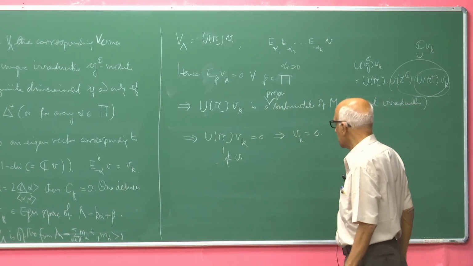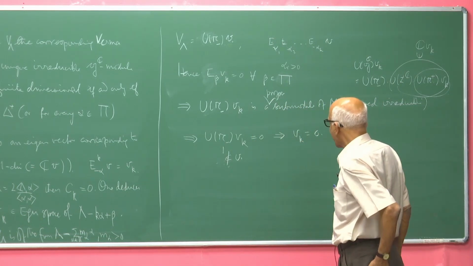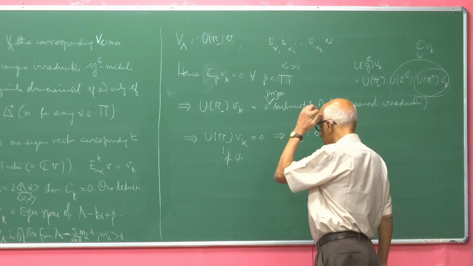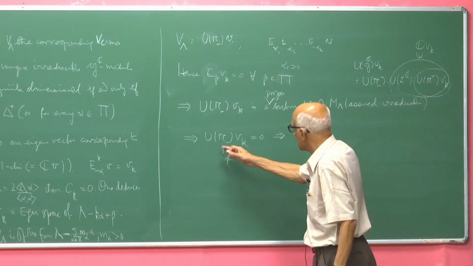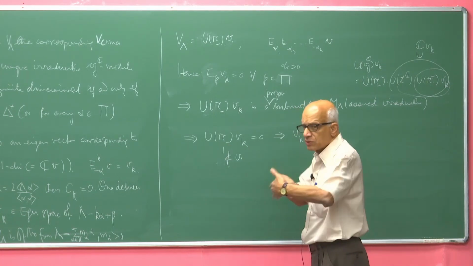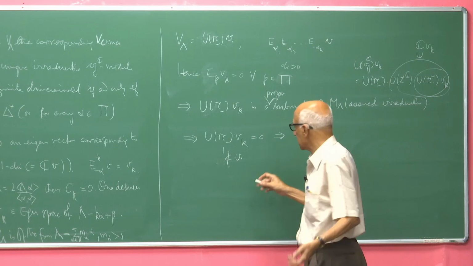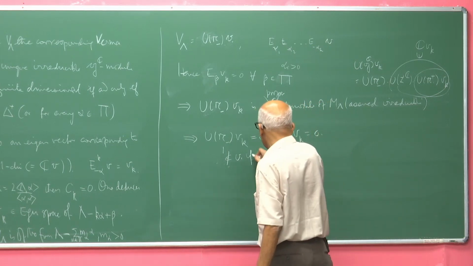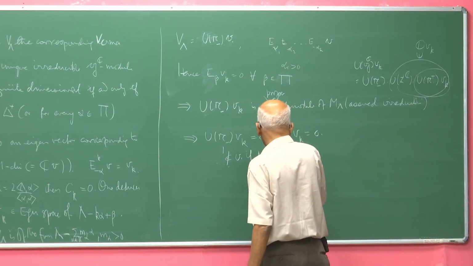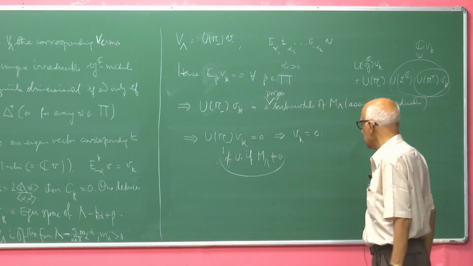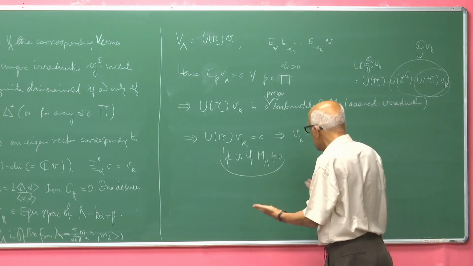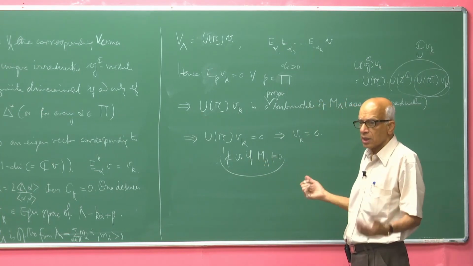Unless of course, if it contains v, then U(n^-) v is 0, which means the module itself is 0, if M(λ) is not 0. So, all this goes on to show that if M(λ) is 0, there is nothing to prove.